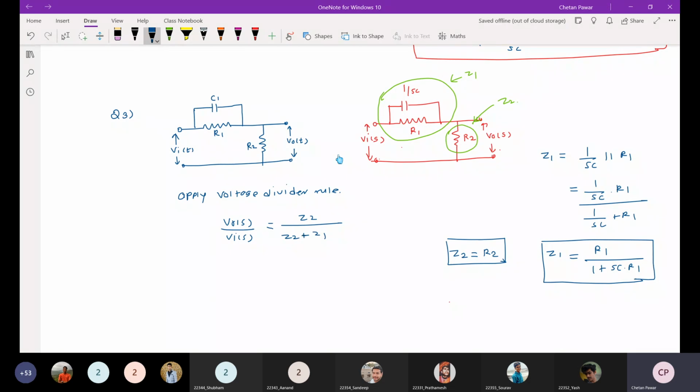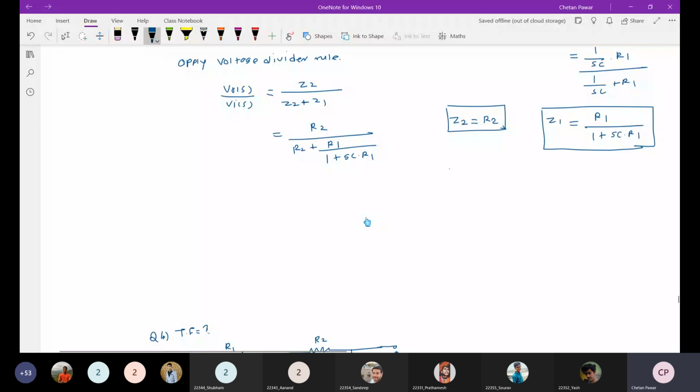Just put the values here: R2 plus R1 upon 1 plus SC into R1. So R2 into 1 plus SC R1 plus R1, right? And you can simplify it further if you want to.